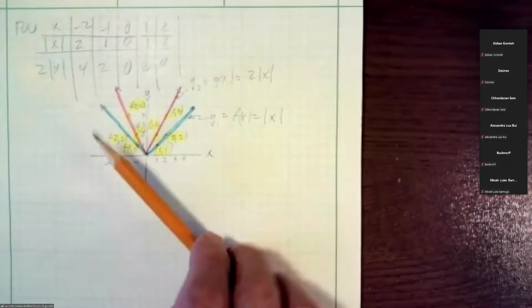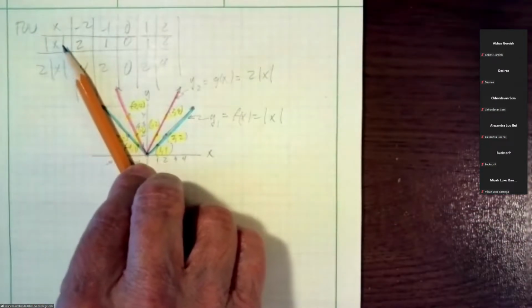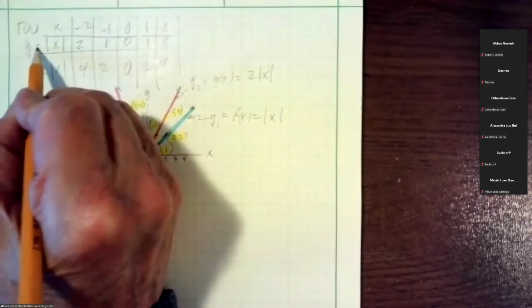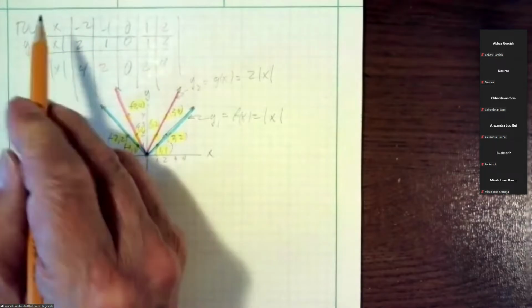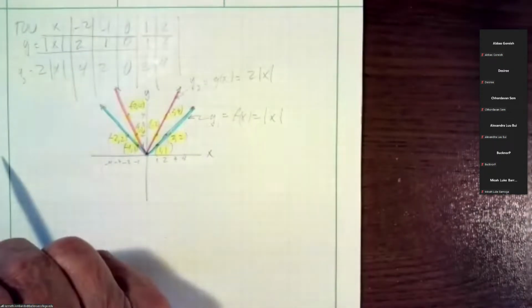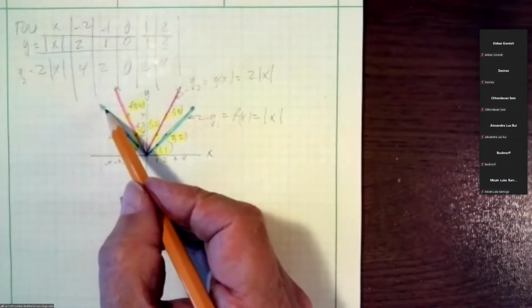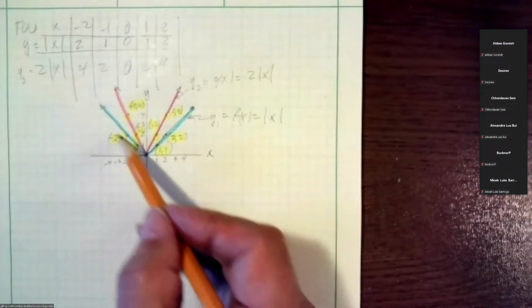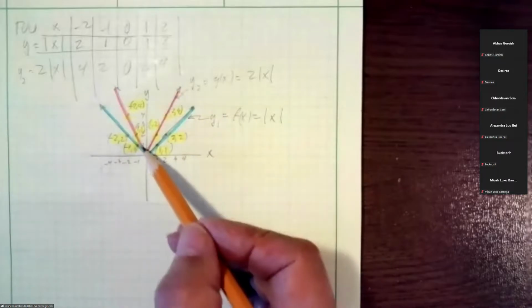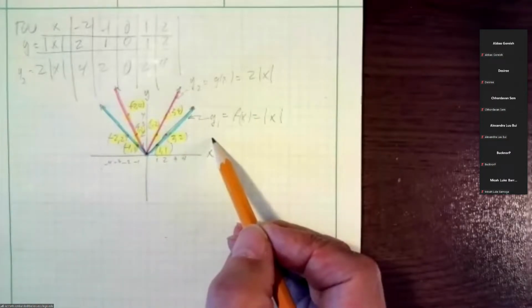So here I'm graphing y1 equals absolute value of x, and y2 equals 2 times the absolute value of x. The blue curve is y equals absolute value of x, and the pink curve is y equals 2 times the absolute value of x.